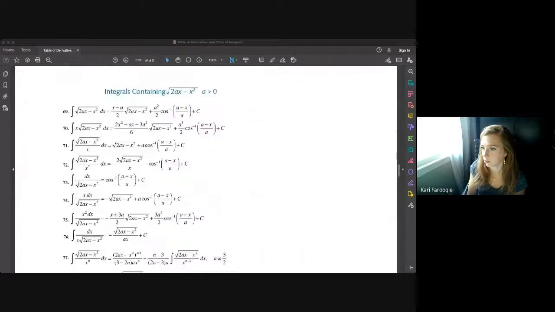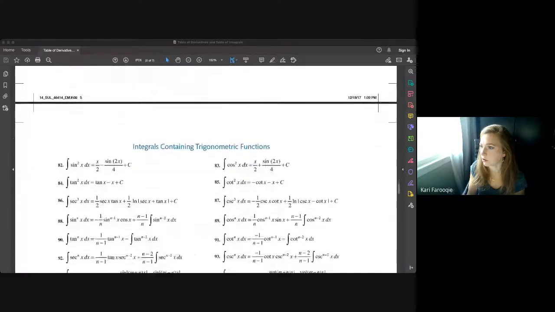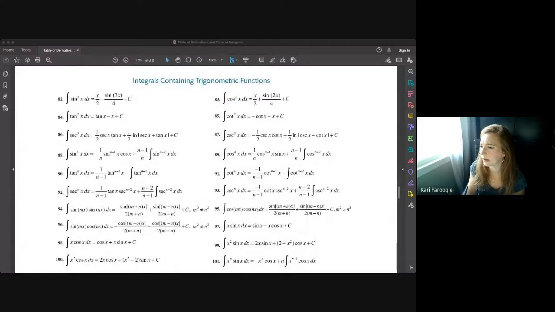Going through, trig functions. Okay, so I don't have specifically a cosine cubed, but we do have a cosine to the nth of x dx. Now we can actually fit ours to match. What you're going to note, though, is that this is not an x.